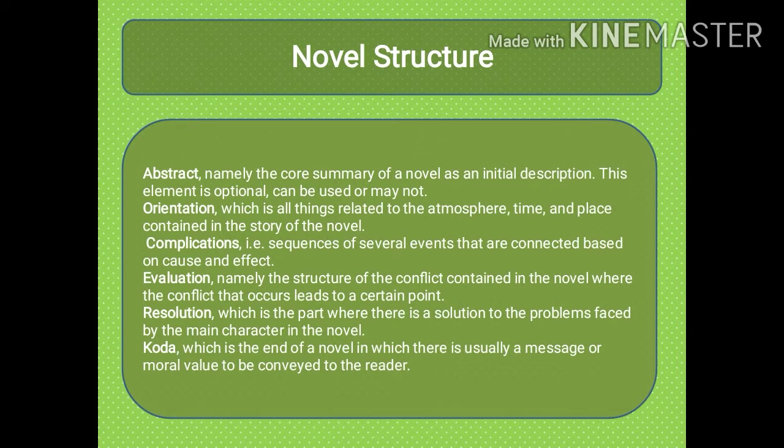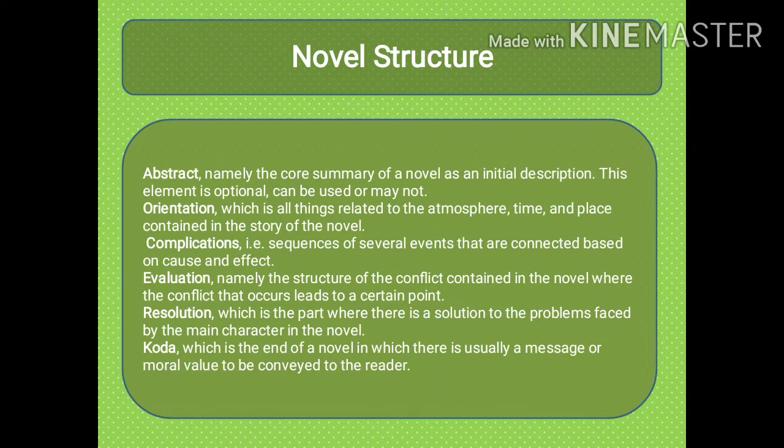Abstract, namely the core summary of a novel as an initial description. Orientations, which is all things related to the atmosphere, time, and place contained in the story of the novel. Complications is a sequence of several events that are connected based on cause and effect.